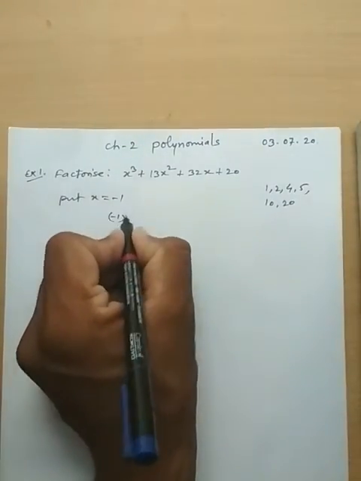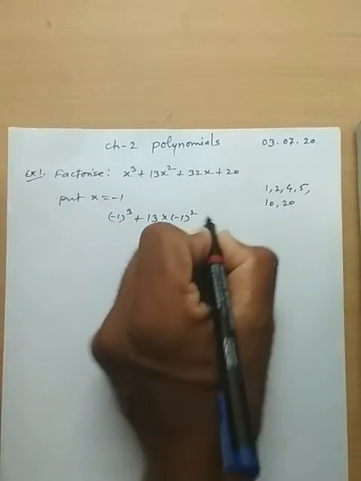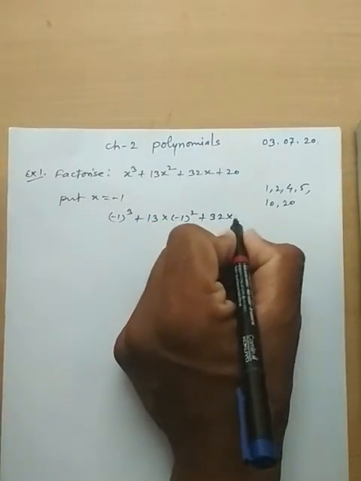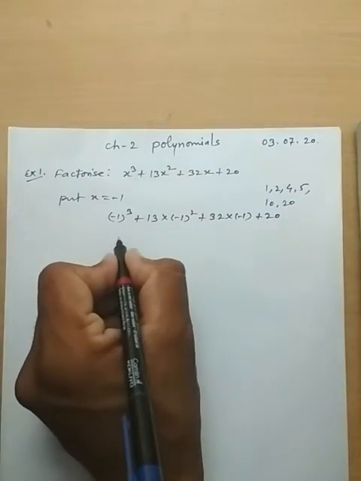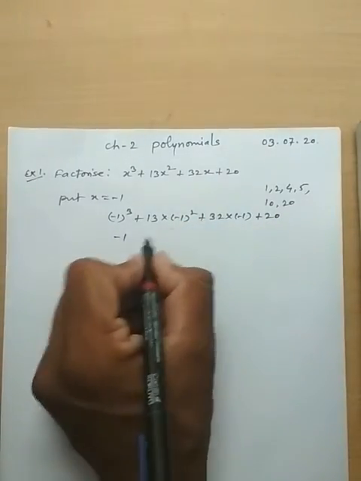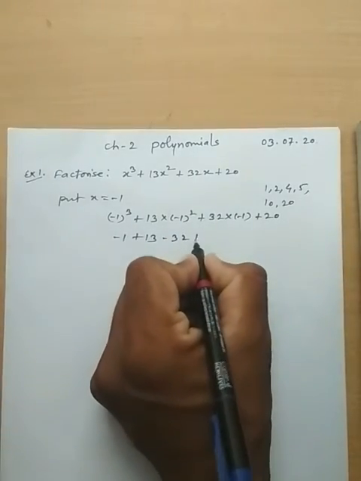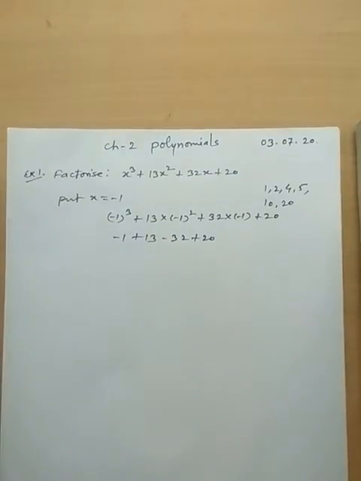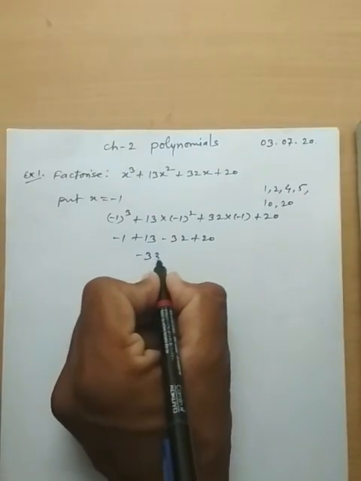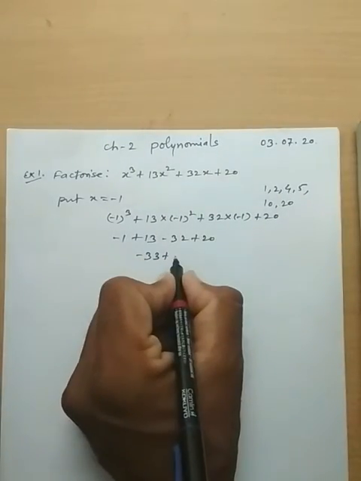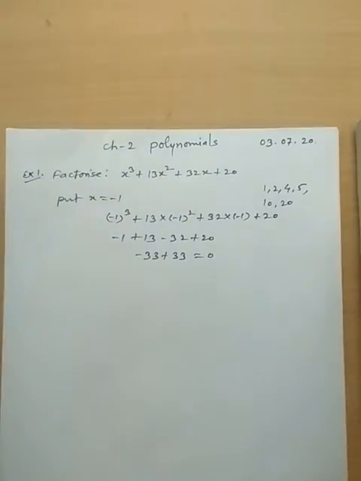So minus 1 cube plus 13 into minus 1 square plus 32 into minus 1 plus 20. Minus 1 cube is minus 1, plus 13, minus 32, plus 20. Minus 1 and minus 32 is minus 33, and 13 plus 20 is 33, and the difference is 0.